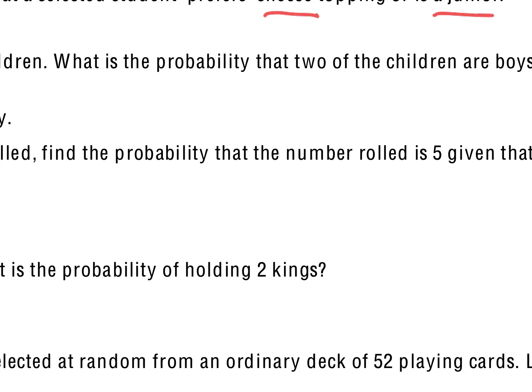If I draw out a tree diagram of this situation, I could have boy and girl, and the next would be boy or girl, and the next boy or girl. So filling out the rest, boy or girl, boy or girl, so there's all 8 possibilities. Now how many paths would be 2 children that are boys?